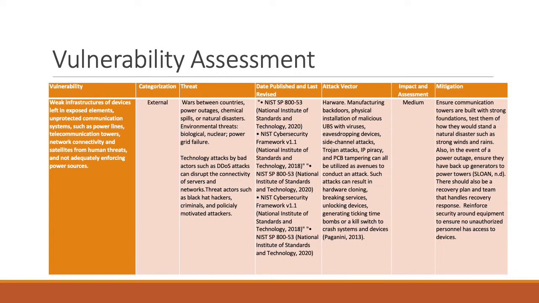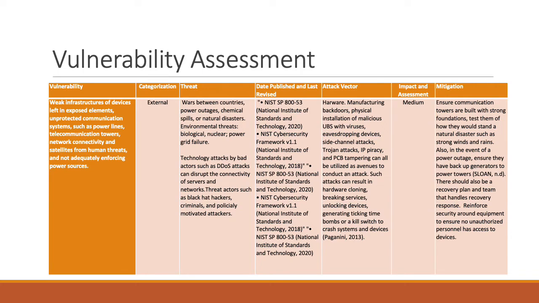Next, we're going to talk about vulnerabilities in communication systems. So there may be potential vulnerabilities in devices, left and exposed elements, unprotected communication systems such as tower lines, communication towers, network connectivity, satellites, and this is external. This will be categorized as an external threat.